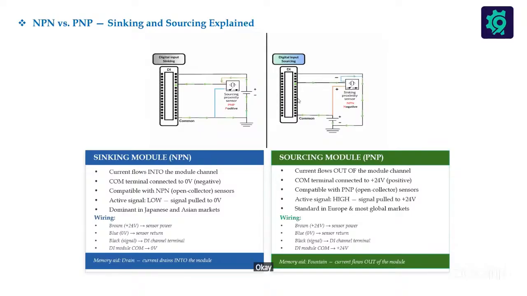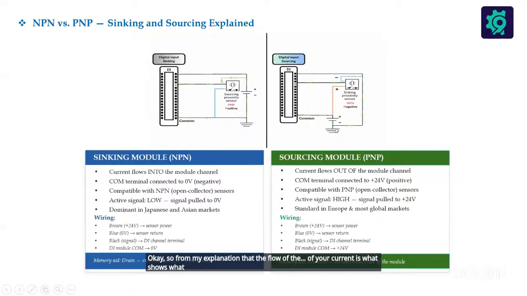If I understand you, the power supply that is coming to supply the card is still the same power supply that is going to the sensor. From my explanation, the flow of your current is what shows what your module or your signal is doing.